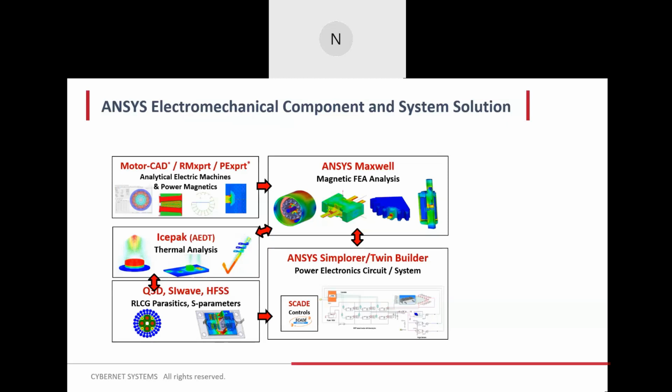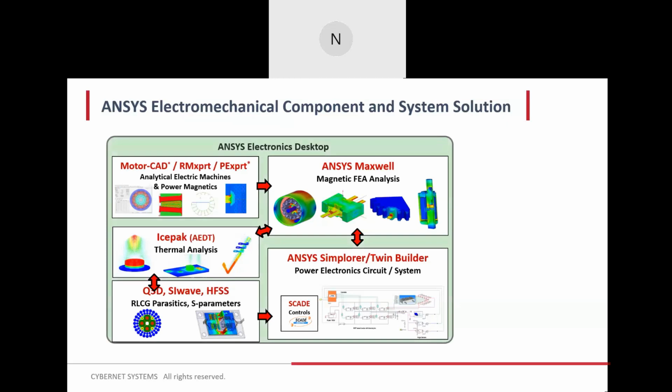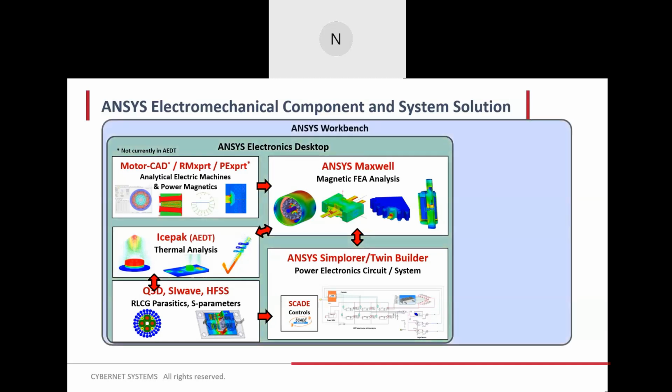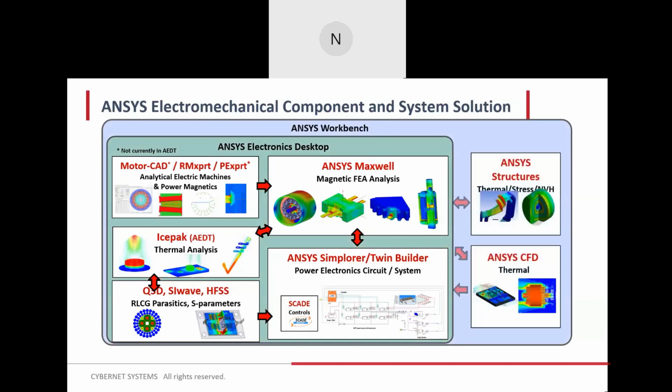Those simulations are on the same platform called ADT. But sometimes we have structural problems, for which we use Mechanical, and sometimes we use CFD. So we have Ansys Workbench, which has good connections to Ansys Structures and Ansys CFD.